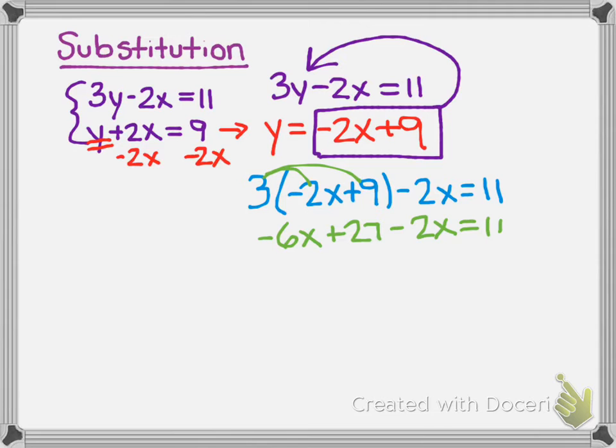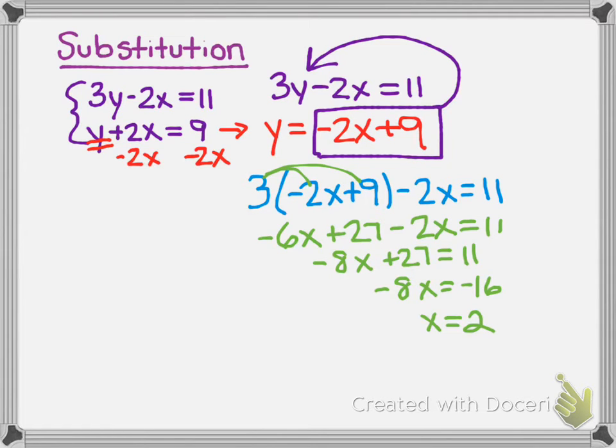I'm going to combine like terms and get negative 8x plus 27 equals 11. Then I'm going to subtract 27 from both sides, and I get negative 8x equals negative 16. Divide by negative 8, and x gives me positive 2.